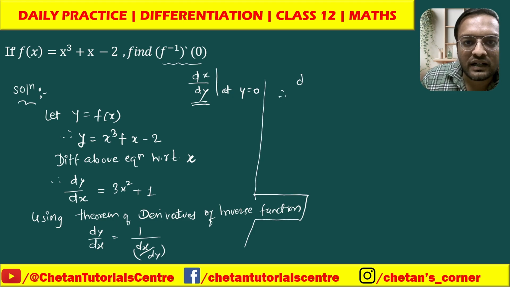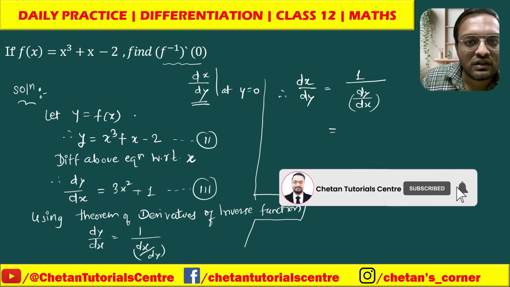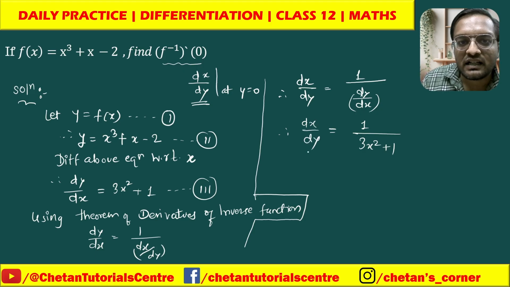Therefore, the value of dx by dy will be equal to 1 upon dy by dx. Now we know the value of dy by dx. I will mark this as equation number 3, this as equation number 2 and this as equation number 1. So from equation number 3, I will get the value of dy by dx. So 1 upon 3x square plus 1. Therefore, dx by dy is equal to 1 upon 3x square plus 1. I will mark this as equation number 4.